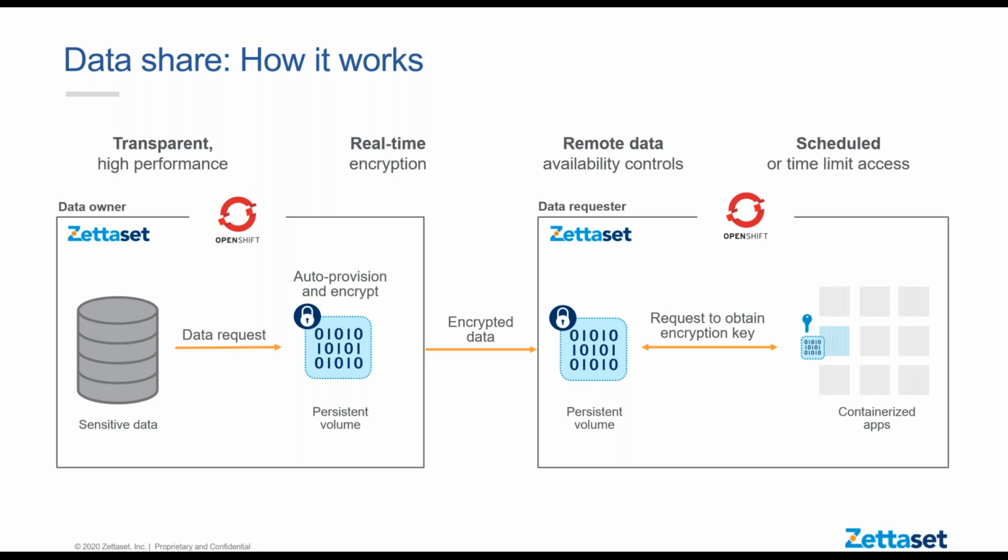From the moment someone needs the data on the left side from a database, they're able to make the request. It spins it up into a little bowl. That's what I want you to think of it as, a bucket of sand. We've got to encrypt and protect that bucket of sand as it travels over and gets shared with the other side. And then we're able to limit who gets to see it.